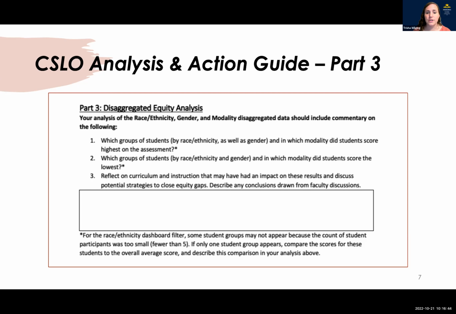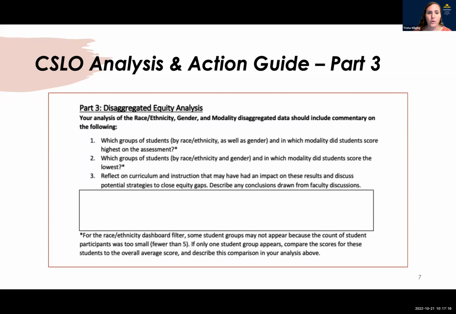So we ask faculty to reflect what groups of students, by race and ethnicity and gender, and in which modality were the scores the highest, and in which modality did students score the lowest, and what are you thinking related to the curriculum and instruction that may have had an impact on results, and what might you do potentially to close equity gaps. And of course, this is the data analysis portion.